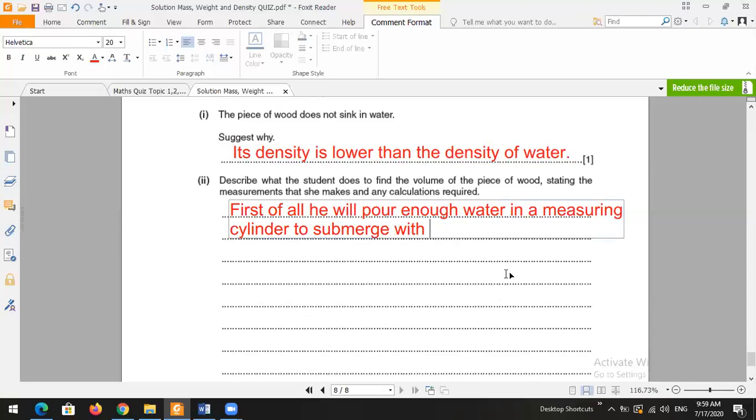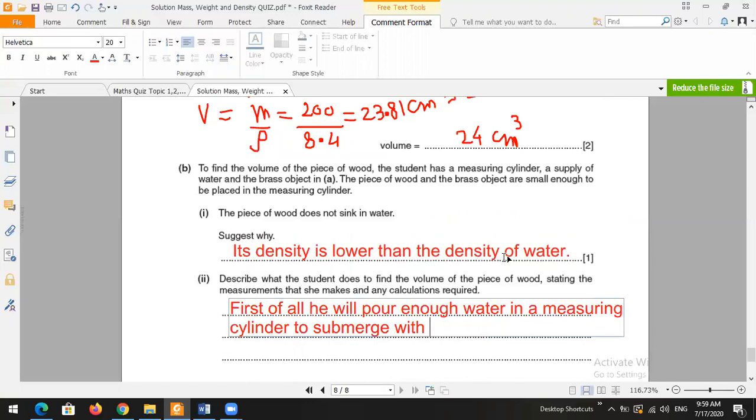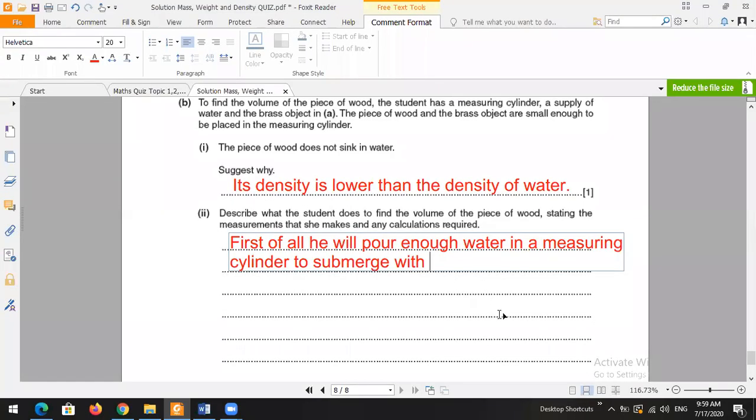The measuring cylinder. Actually it is not a regular object, it is an irregular object, so we cannot use those calculations.